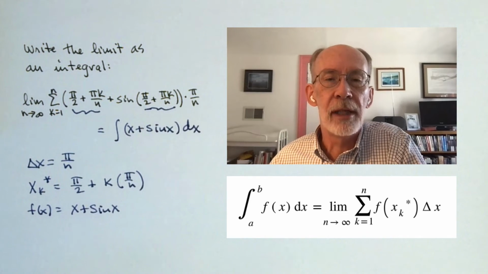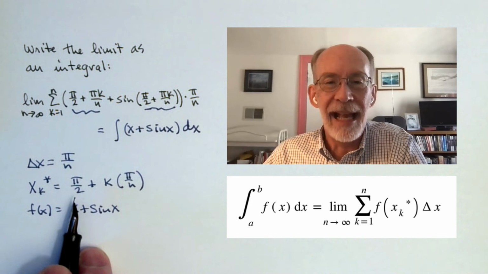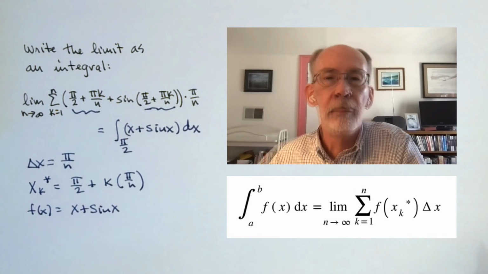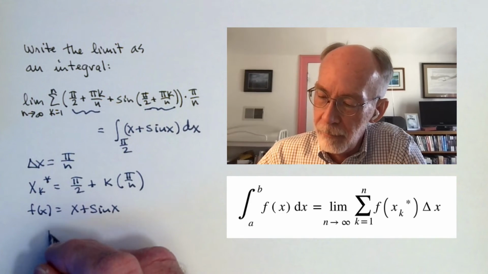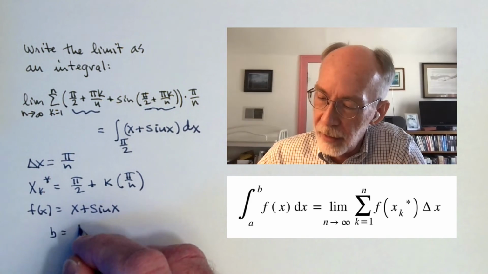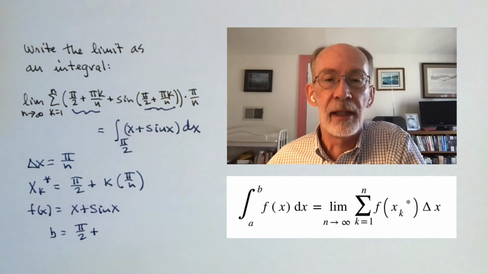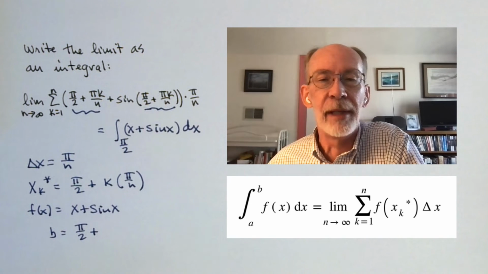Now, what are my limits of integration? My lower limit of integration should be my a. It should be pi over 2. My upper limit should be my a, which we just said was pi over 2, plus n of these delta x's, right? Delta x is supposed to be 1/n of the way from a to b.